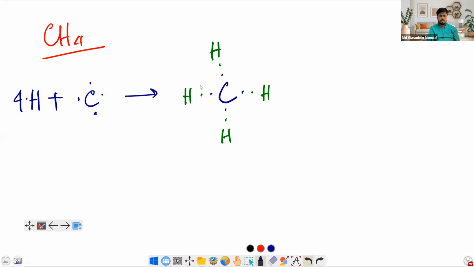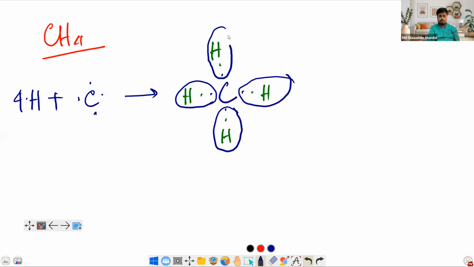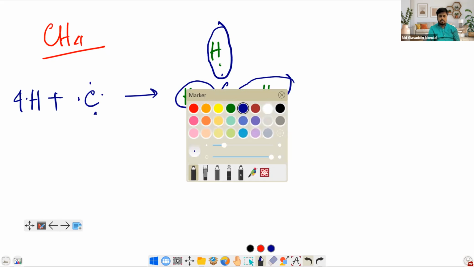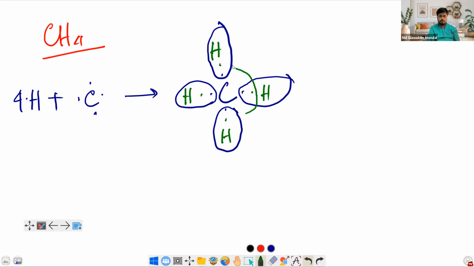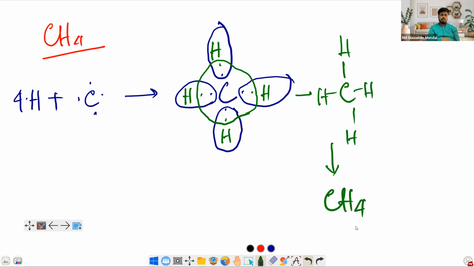Okay, so now we can draw in this way, in this way, in this way, and finally we can draw this way. So now we can write, this is stage one. Tell me, are you getting it or not? Yes, sir. Draw it down.